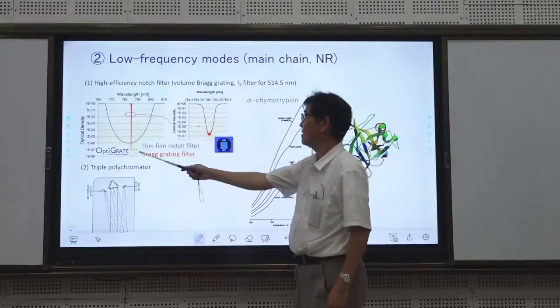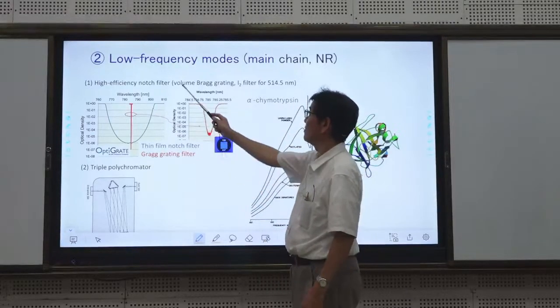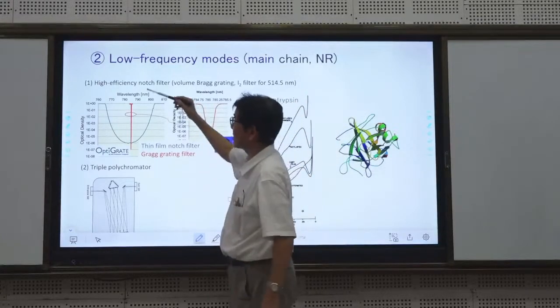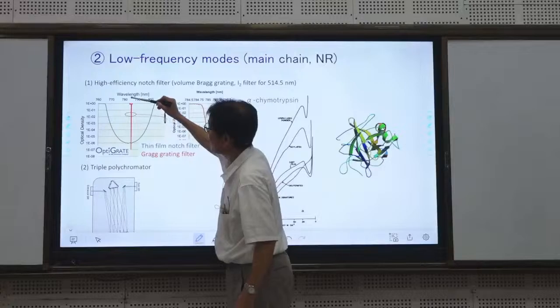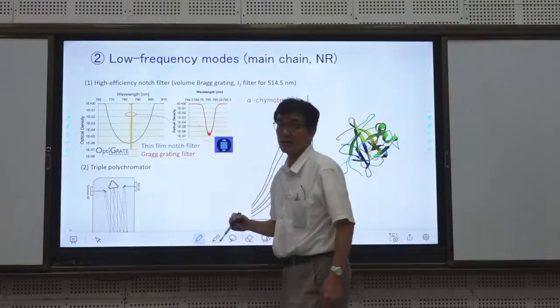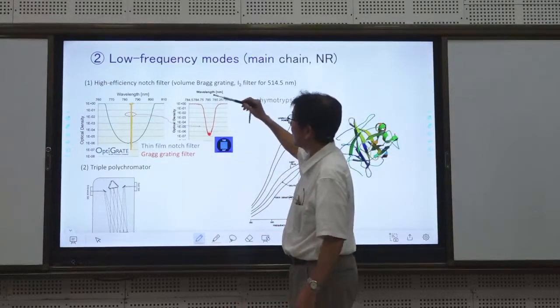When we purchase a nice filter, a so-called volume Bragg grating, then only 785 nanometer is cut.